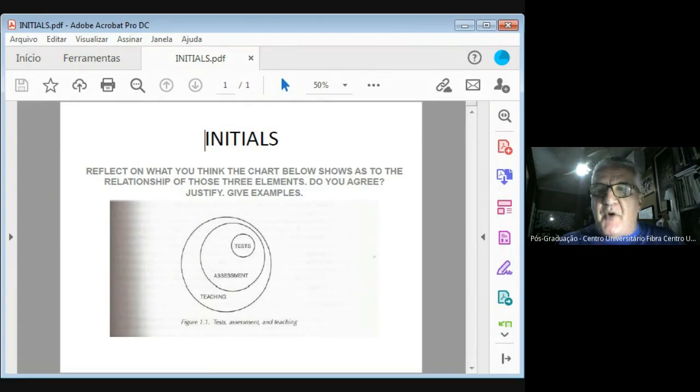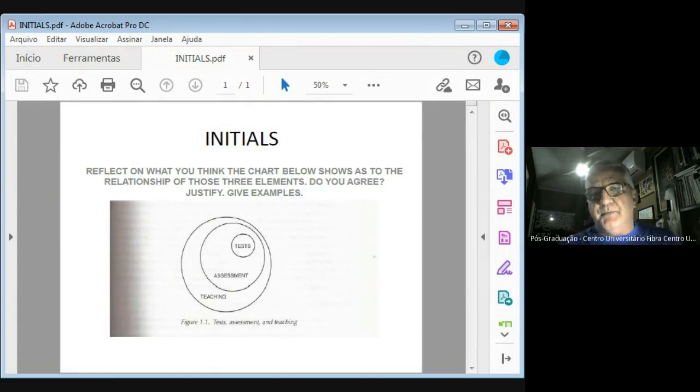So when you practice self-observation, when you practice self-evaluation, right? You are trying to improve your teaching. The same happens when you collect information about the student.